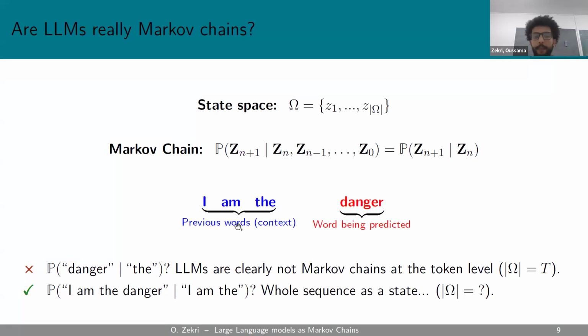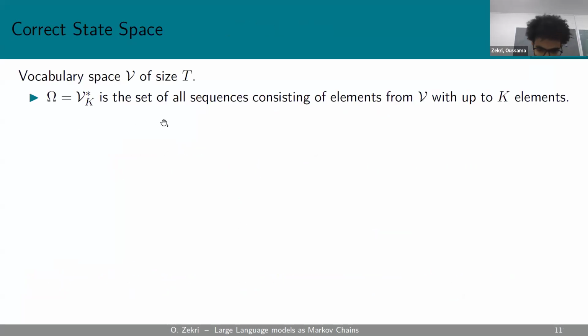Maybe infinite. And the answer is yes, because you have the finite context window. Remember, just before we said that the model will view all sequences of length greater than k as sequences of length k. So basically, you can consider as the state space the set of all sequences consisting of elements of the vocabulary up to k elements, right?